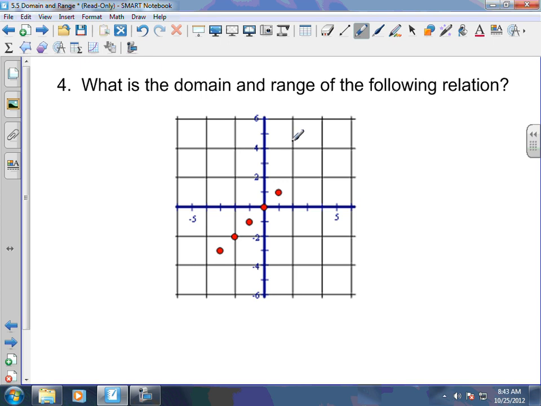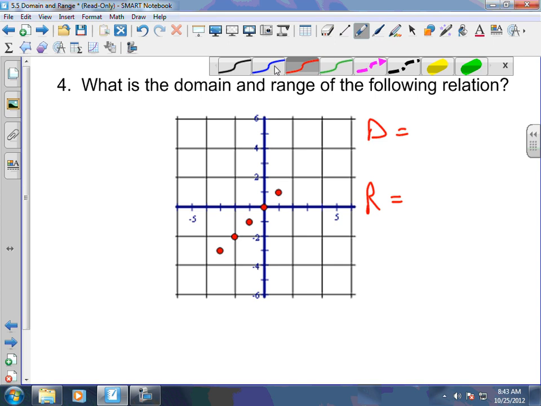But another way I can do it is this. Domain equals, range equals. Instead of making my XY table, I could just go across the x-axis and look at each value on the x-axis. So, do I have a dot on the x-axis at 5? No. Do I have a dot on the x-axis at -4?